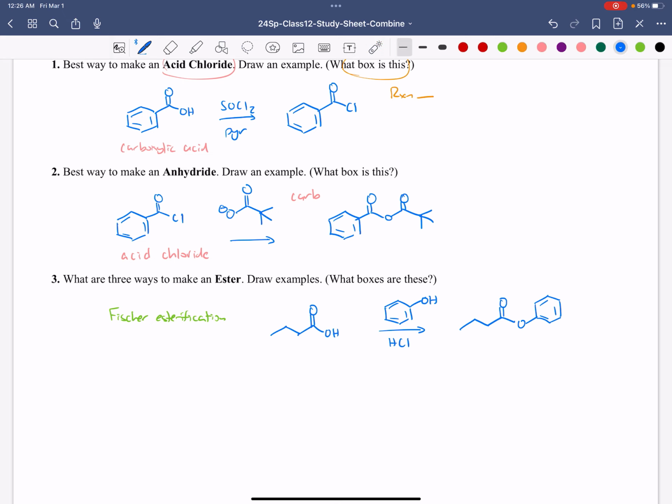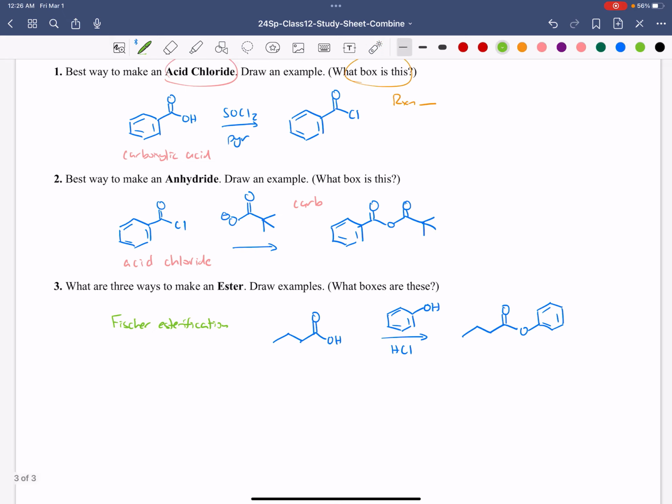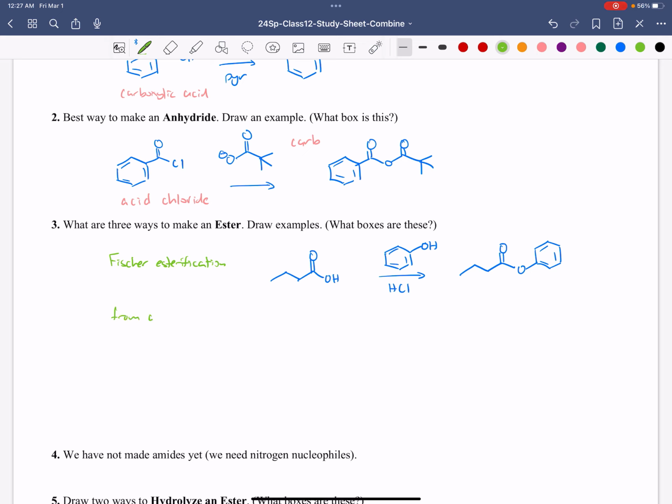The second way we're going to list here is, well, I just got done saying that this acid chloride is very reactive. Let's go from acid chloride. Some people call it acyl chloride, but I like acid chloride.